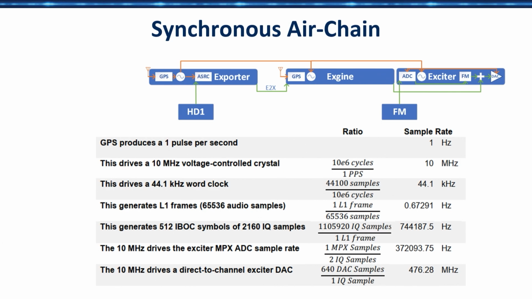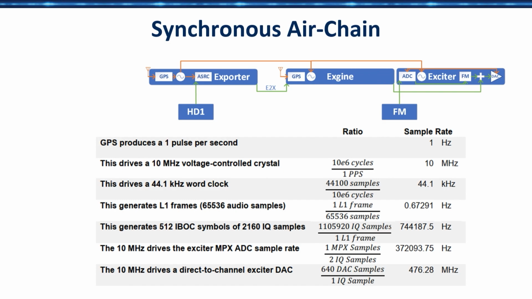So, for example, if you look at our typical air chain today, with the exporter on the left going through the XGen and the exciter, it is the exporter that's the heartbeat of the entire system. So if you have that hooked up to the GPS, it gives you a 1 pulse per second. We turn that into 10 megahertz, so exactly 10 million cycles per 1 second. We then turn that into a 44.1 word clock, exactly 44,100 clocks in 1 second, or 10 million cycles.